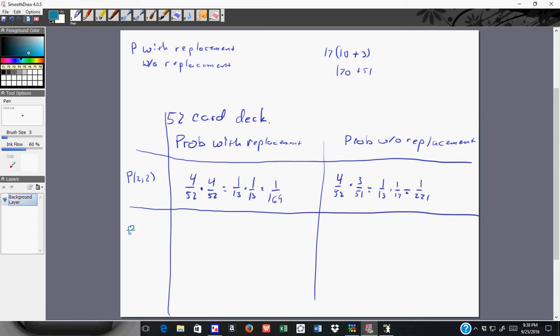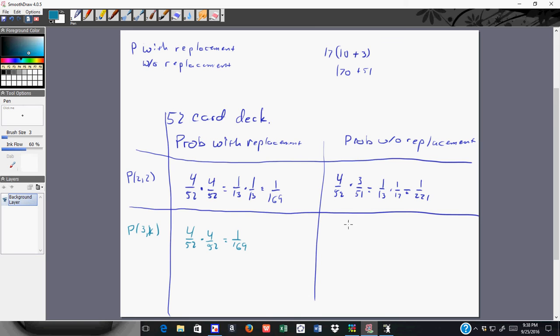All right, let's say I want the probability of a 3 and then a king. Well, the probability of getting a 3 is 4 out of 52, and the probability of getting a king is 4 out of 52. So with replacement, our answer is going to be the same as before.